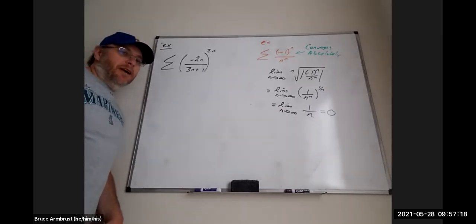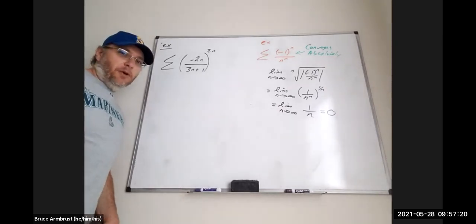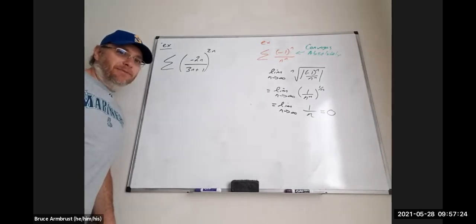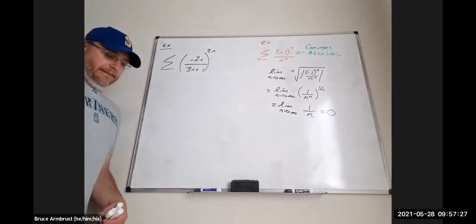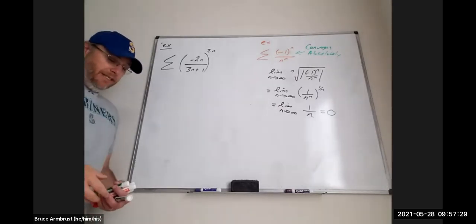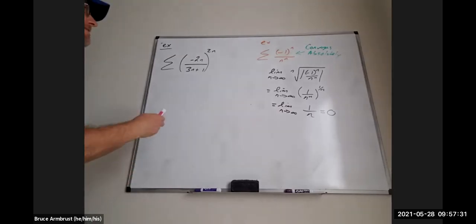So this is one where if you tried to use the ratio test, oh good Lord, it would be horrific. It would be absolutely horrific. But the root test is going to be actually really fast and easy.